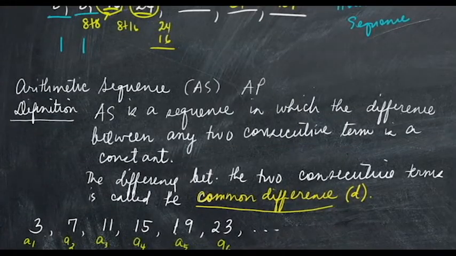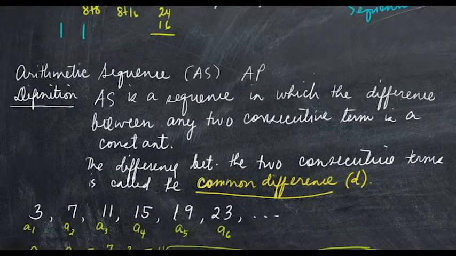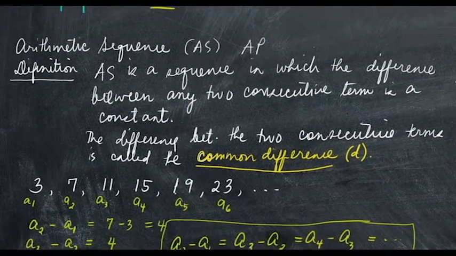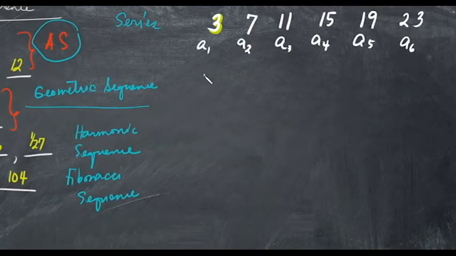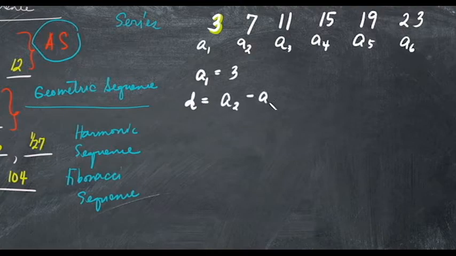The difference between two consecutive terms is called the common difference. So in this case, a sub 2 minus a sub 1. We have a sub 1, which is 3, and your common difference is a sub 2 minus a sub 1, which happens to be 4, because it's 7 minus 3, or 11 minus 7, or 15 minus 11, or 19 minus 15.